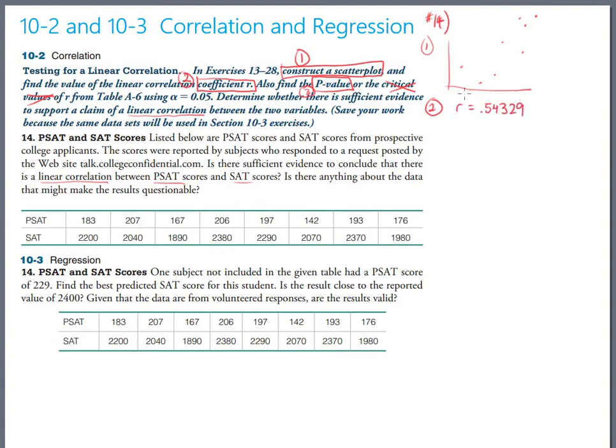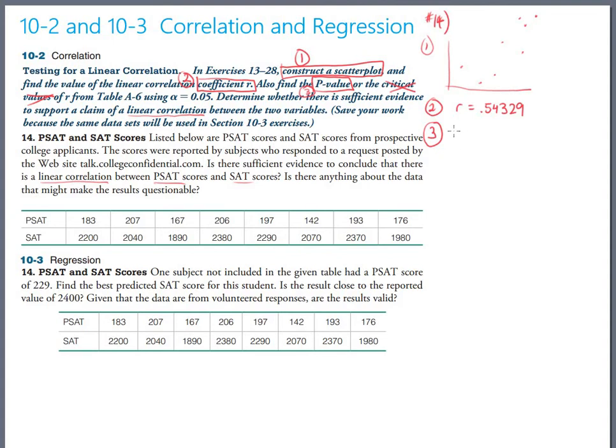That means the points fit a straight line only about 54%, which doesn't seem great. Seems like maybe there's not correlation between these two things, or not a good enough correlation. But let's go ahead and run the hypothesis test to find out.